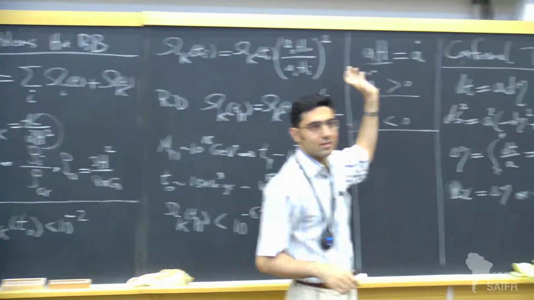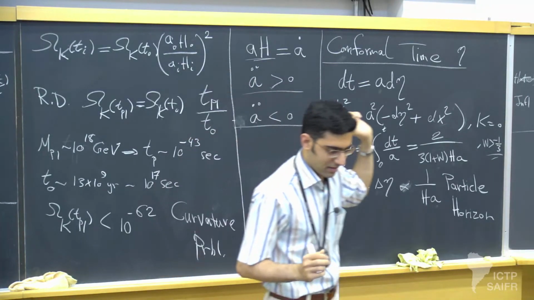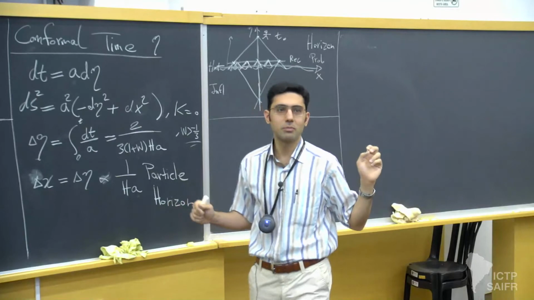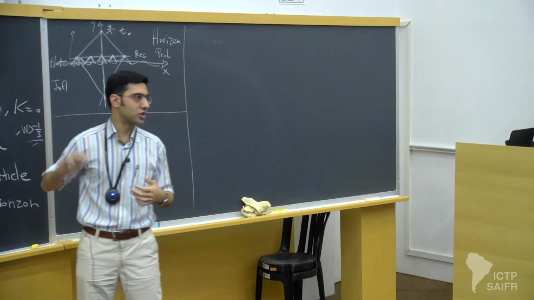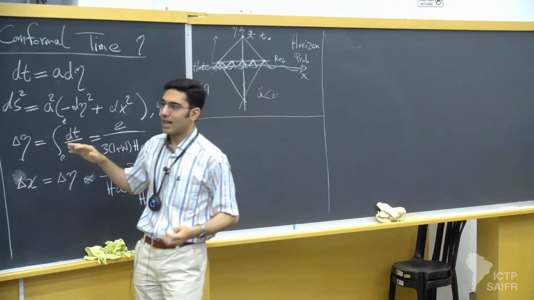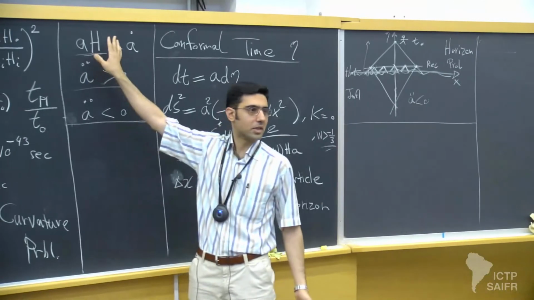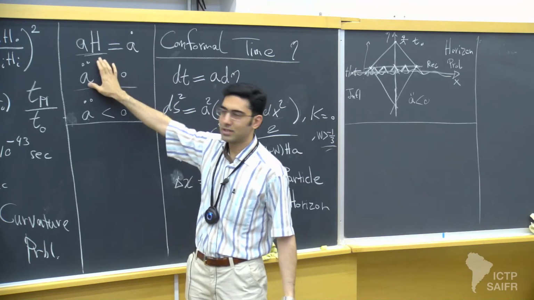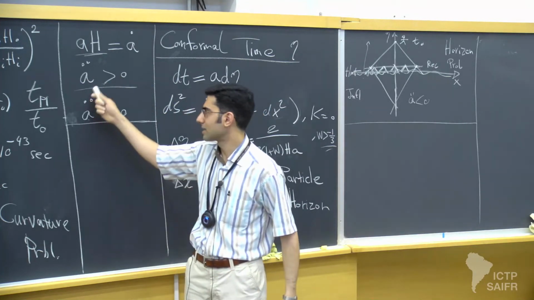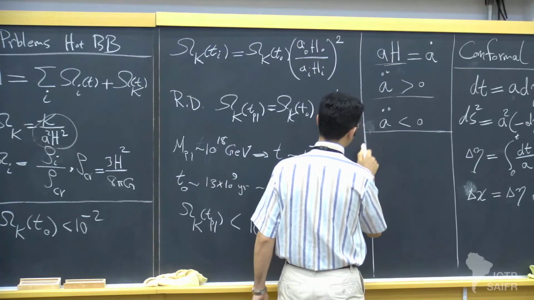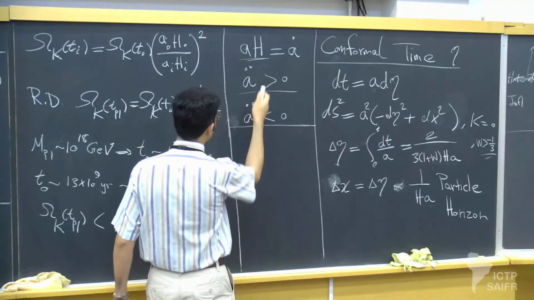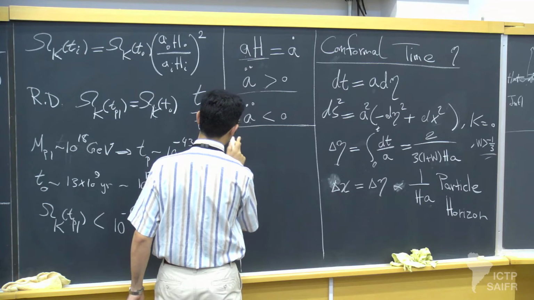Alternatives to inflation, as the name implies, are alternative solutions to these problems. And since they have to be solutions to these problems, they have to actually give us this positive a double dot. So how do we achieve this positive a double dot?